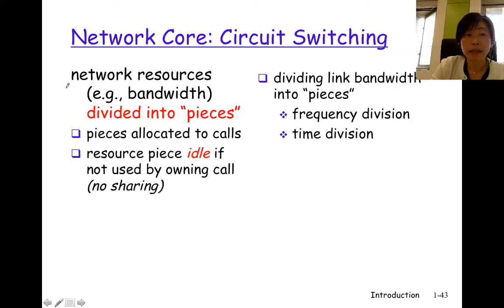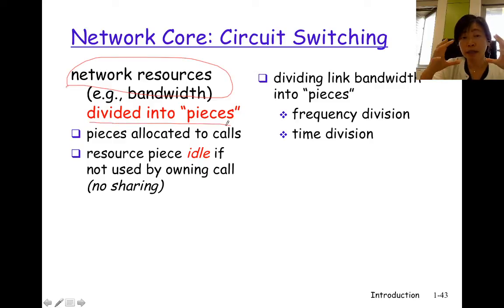And the way we allocate network resources also comes in multiple ways. It depends on how we divide the whole network resource into pieces. So in the previous slide, we have a segment of the internet where blue and red need to share a router and a link. But we don't really share the resource. A particular link is divided into small portions, pieces.